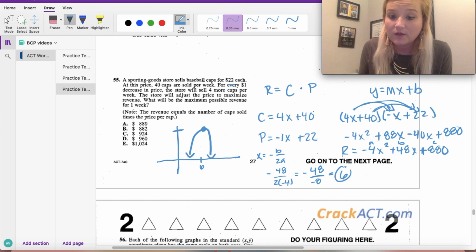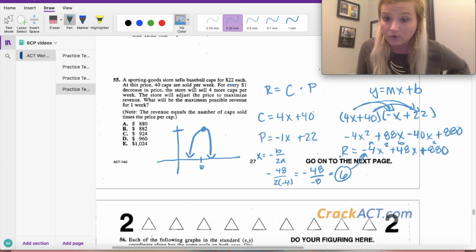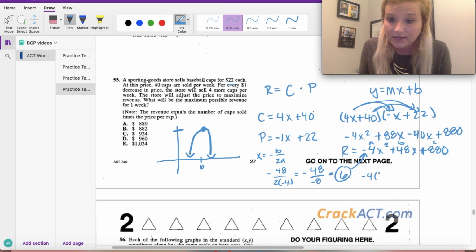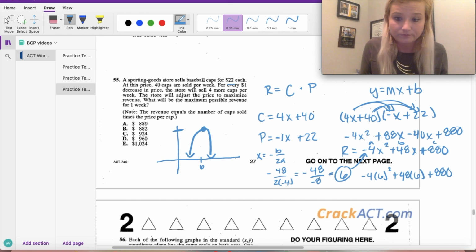So this is 6, but we need the y value to get the actual maximum point. So we're going to plug 6 back into our revenue equation, the parabola equation, to get the y value that corresponds with the 6. So we're saying negative 4 times 6 squared plus 48 times 6 plus 880.